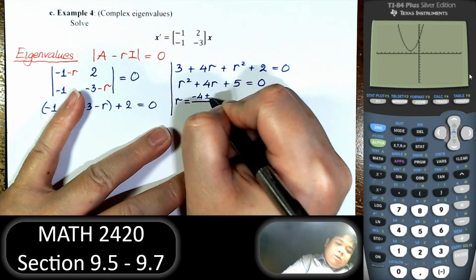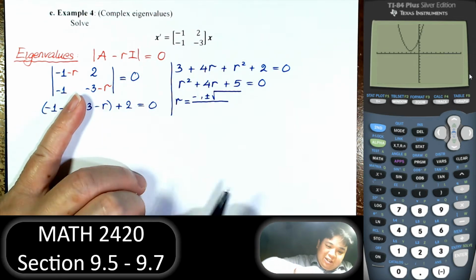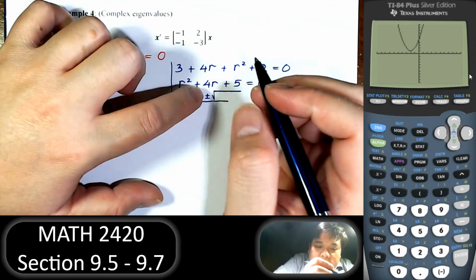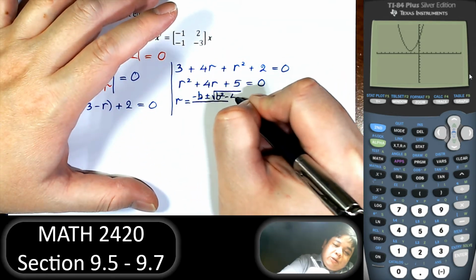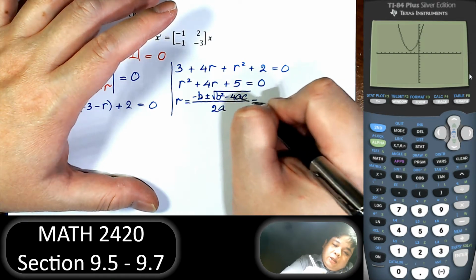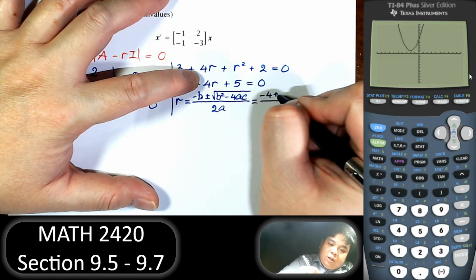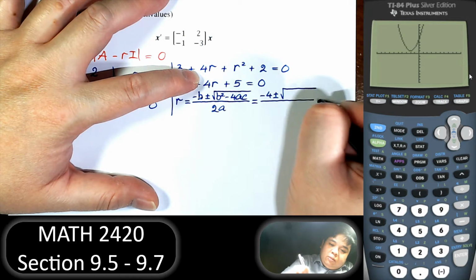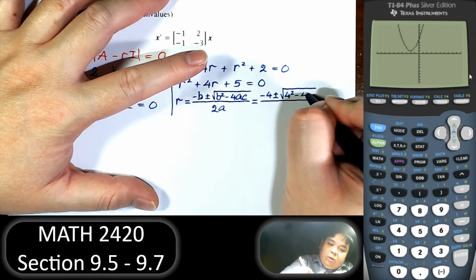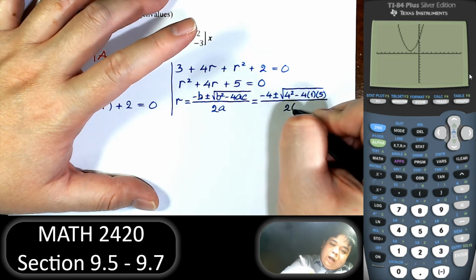-4 plus or minus. Just write the formula first. -b plus or minus the square root of b squared minus 4ac, over 2a.